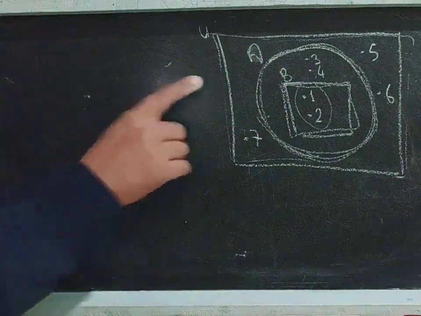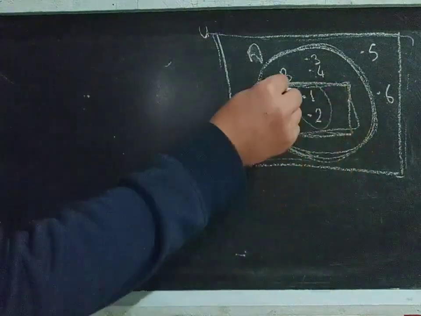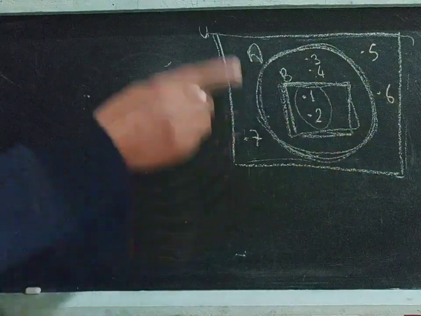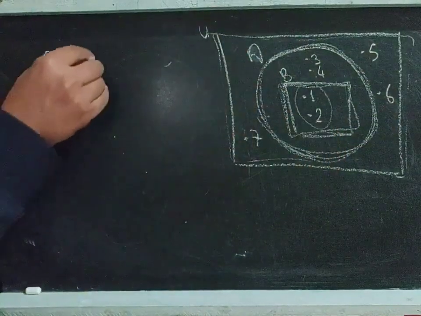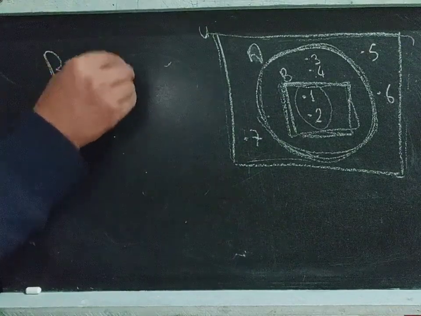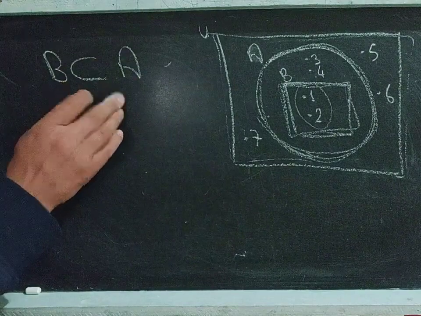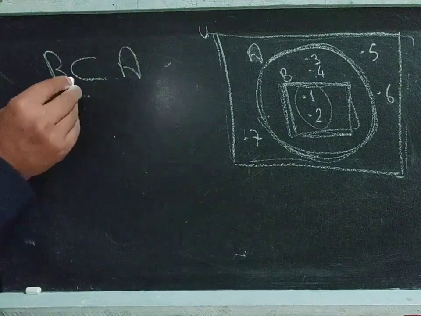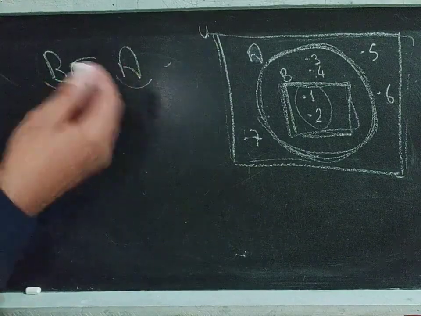So you see elements of B are under A too. We will call that B a subset of A. This means every element of this set is under this one too.